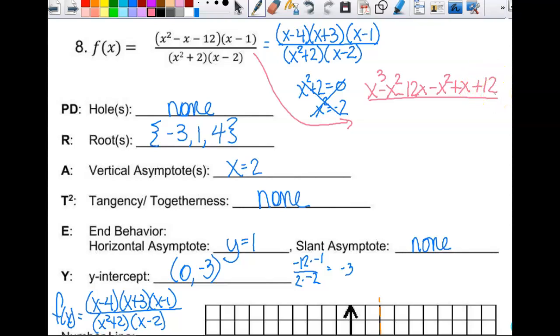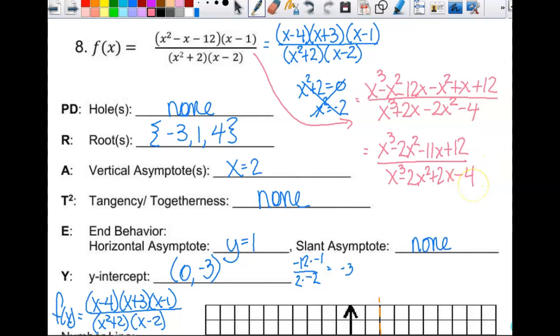And then my denominator, I'd get x cubed plus 2x minus 2x squared minus 4. That would give me x cubed minus 2x squared minus 11x plus 12 over x cubed minus 2x squared plus 2x minus 4. Y'all agree with that? Understand what I did and why? Because when we solve it, we're going to want the multiplied out version of that.